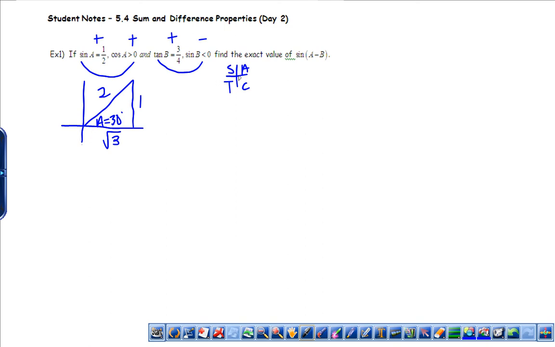If tangent is positive, then it can be in the first or the third, but sine has to be negative, so it cannot be here or here. So if sine is negative, then it has to be in one of these quadrants. The only place that they both overlap is the third quadrant. So that's where I'm going to draw triangle B.